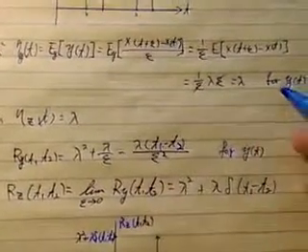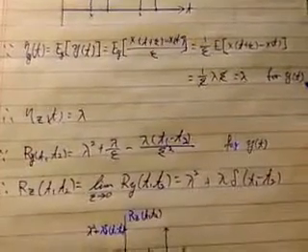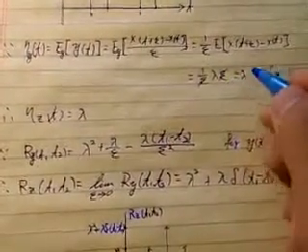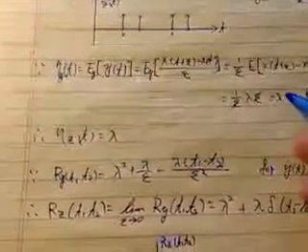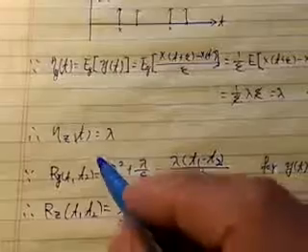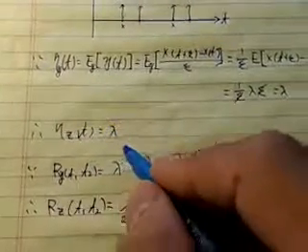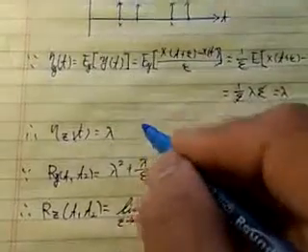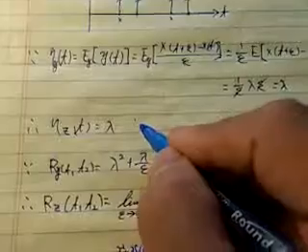This lambda is for the y of t. For z of t, there is no epsilon here, so the expected value of z of t will become lambda. This is the expected value of z of t.